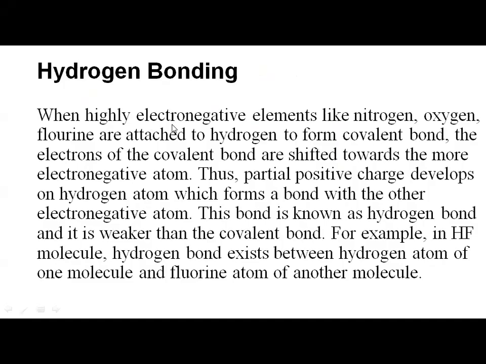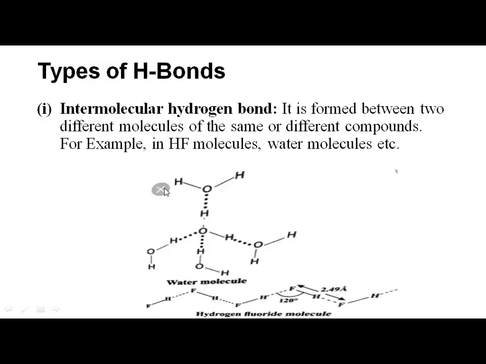So let us see here, when highly electronegative elements like nitrogen, oxygen, fluorine are attached to hydrogen, a partial positive charge develops on the hydrogen atom, which forms a bond with another electronegative atom. This bond is known as hydrogen bond, and it is weaker than a covalent bond because it is only an attraction between partial charges. In the HF molecule, hydrogen bond exists between the hydrogen atom of one molecule and the fluorine atom of another.